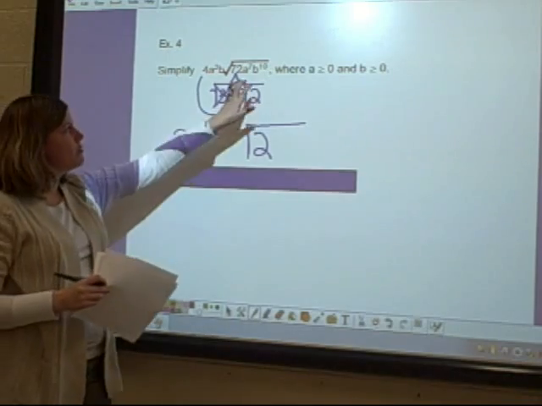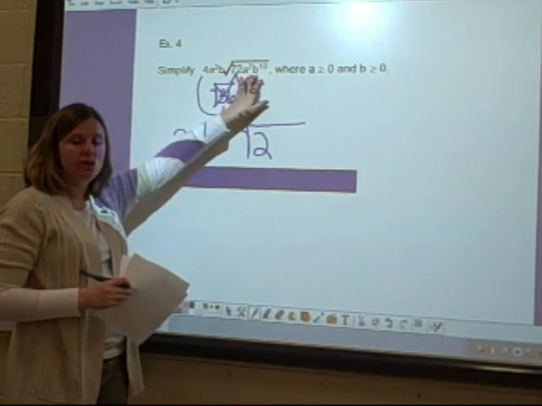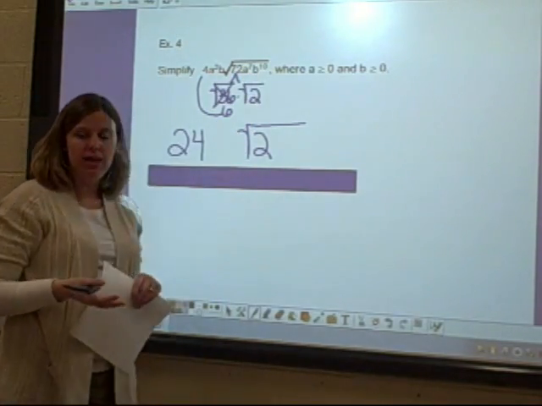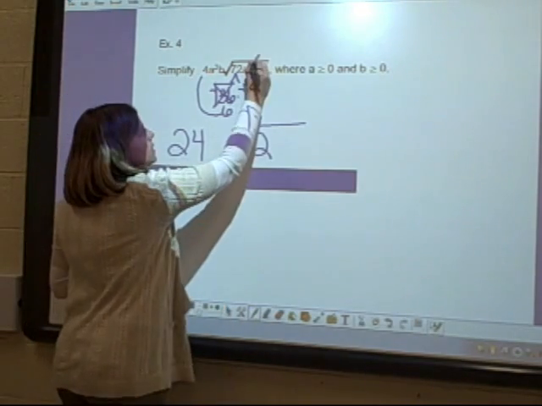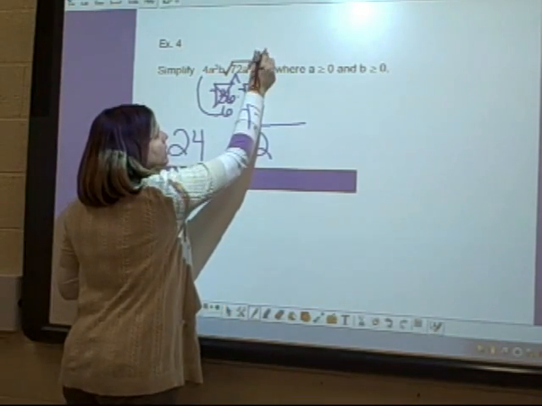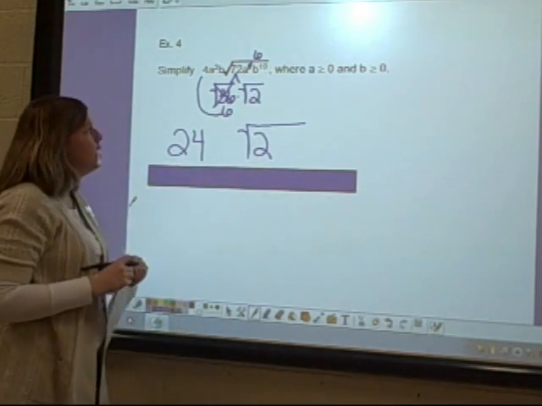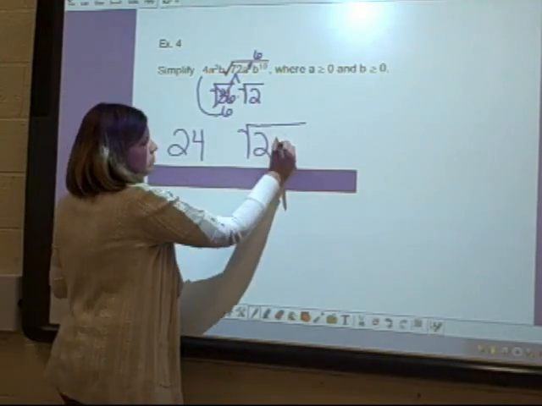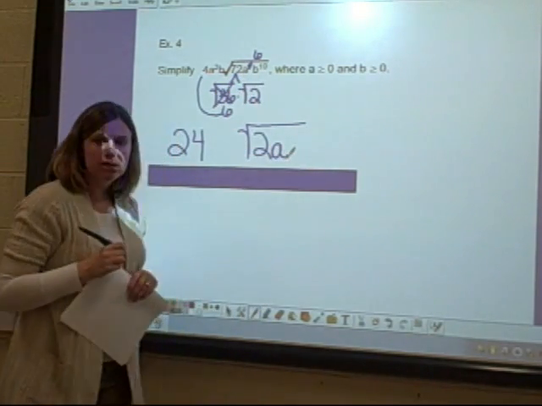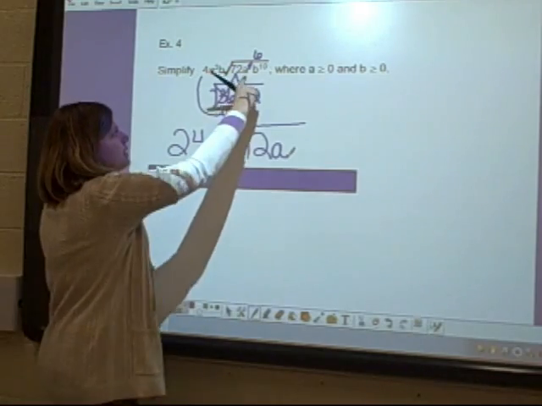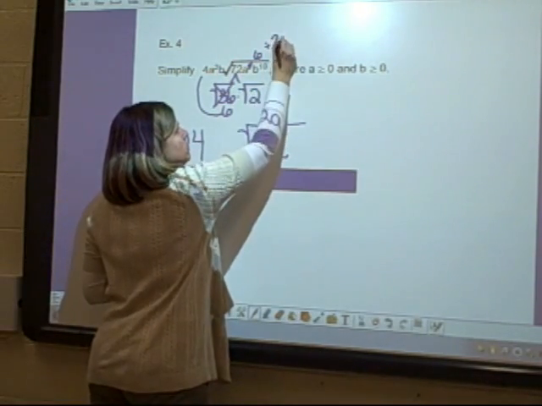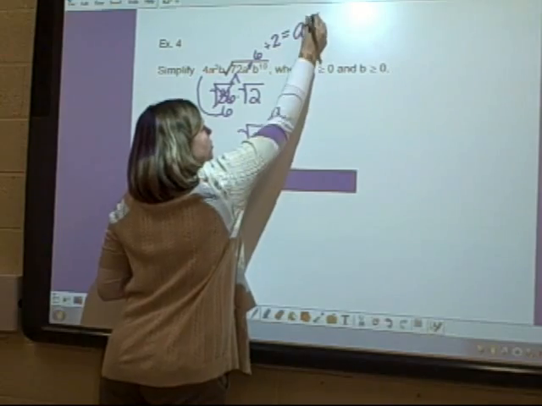Okay, now I have to work with my exponents that are underneath the radical. Since I have a to the 7th, and 7 is odd, I'm going to borrow 1 and make it a 6. Now the one that I borrowed has to go under the radical. So the a that I borrowed goes under the radical. Now to get the square root of a to the 6th, I divide it by 2, which is a to the 3rd.